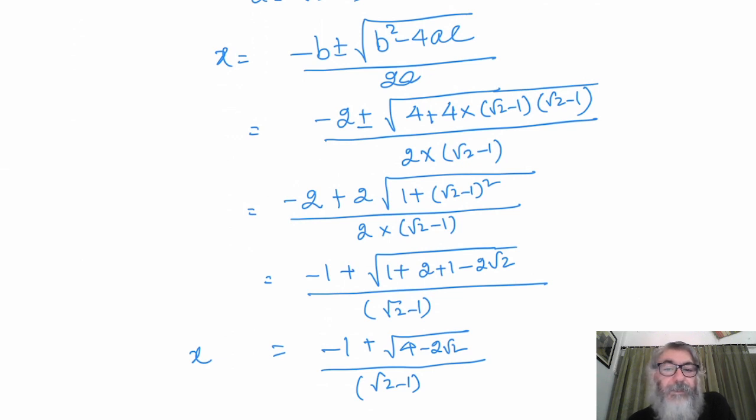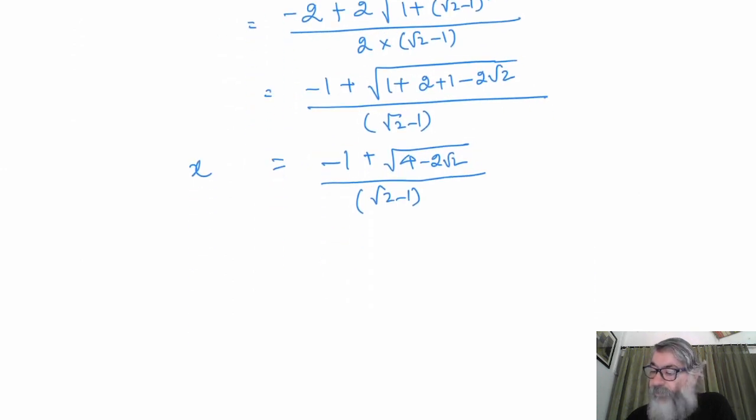Now again it is root 2 minus 1 in the denominator. So what I am going to do is multiply numerator as well as denominator by root 2 plus 1, because then the denominator will go altogether.